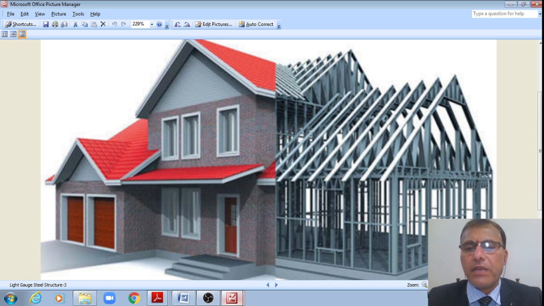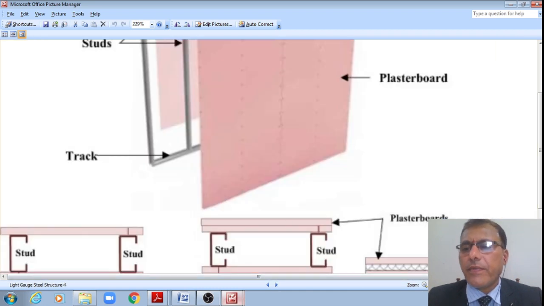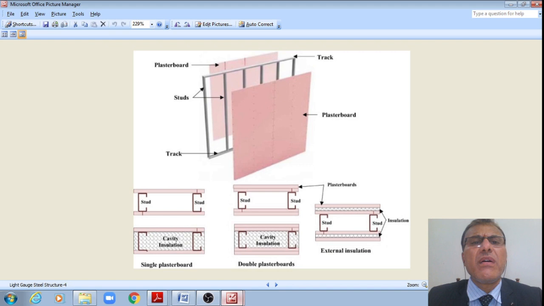Right, that is how. Now if I see how the paneling can be done, this is how it looks. Right, this is how that, studs, these verticals are called studs, and the horizontals are what are called the tracks, where on either side of this we can attach plasterboard.